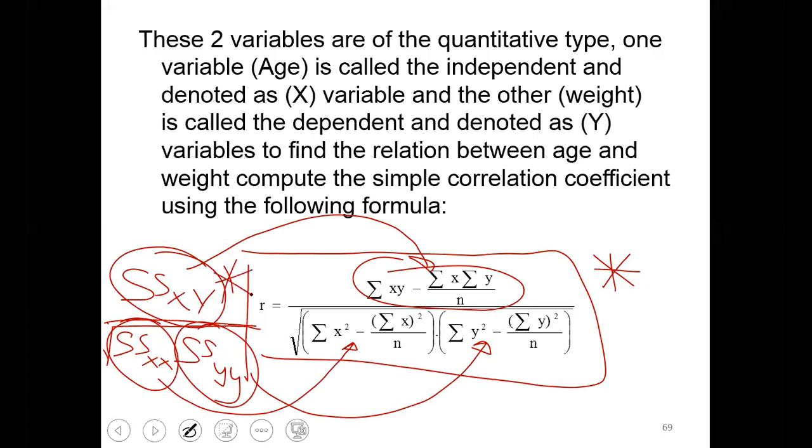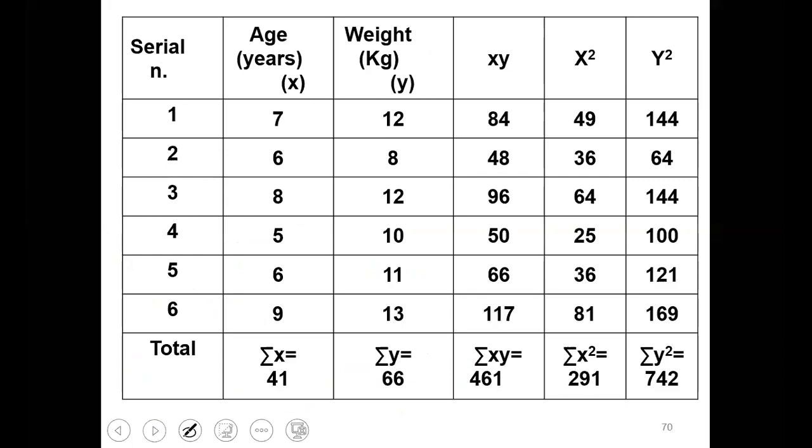So this is the calculation of R. This is the shortcut to calculate the R. We will apply it to our first example earlier. We need all this information: summation of x, summation of y, summation of xy, summation of x square, summation of y square.